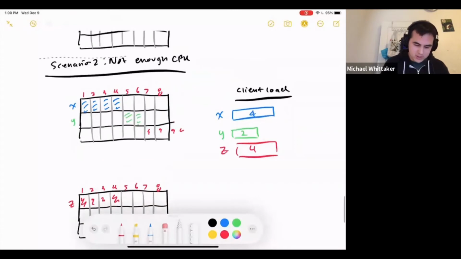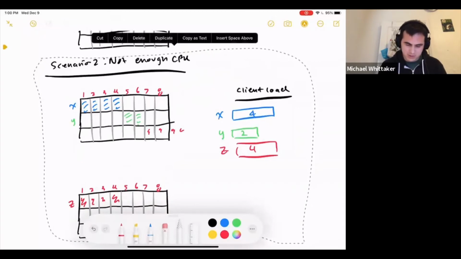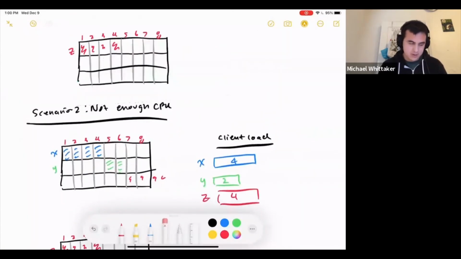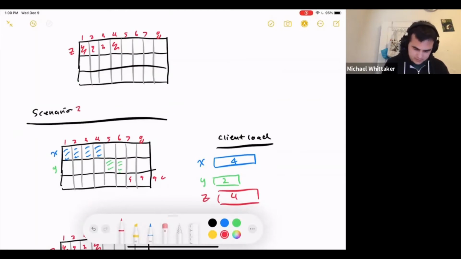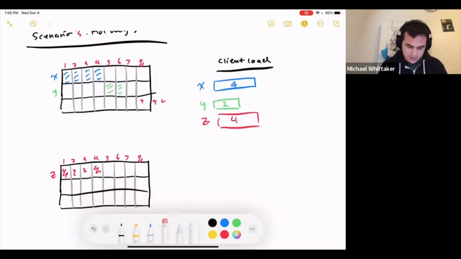Well, there's a third situation that can happen where I'm able to handle some load without necessarily getting more machines. And that is moving hotkeys around. So scenario 3 is hotkeys. Now what have I concocted here?